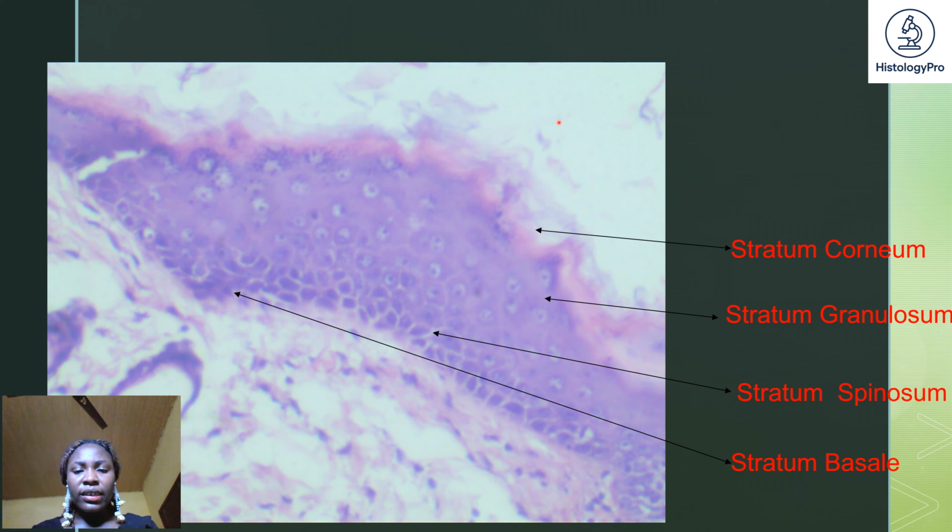The next layer is the stratum granulosum, also known as the granular layer. It's a thinner layer of flattened cells containing dark staining keratin.